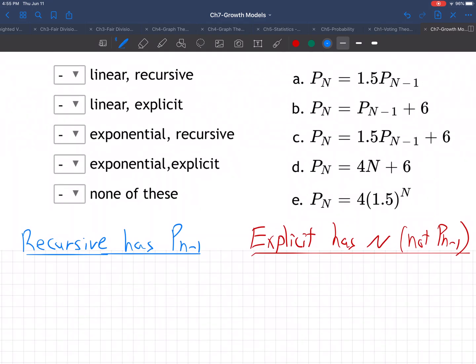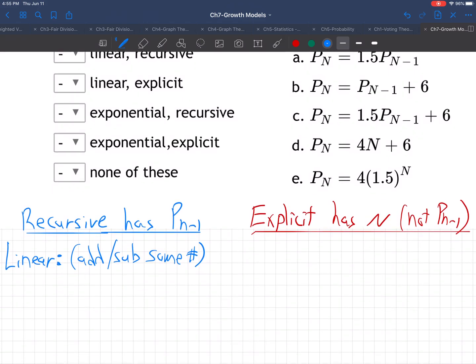So first off, we have linear. So a linear recursive, what does linear mean? It's going to add or subtract the same number every time. So linear recursive then would mean p sub n equals p sub n minus 1 plus or minus a number.